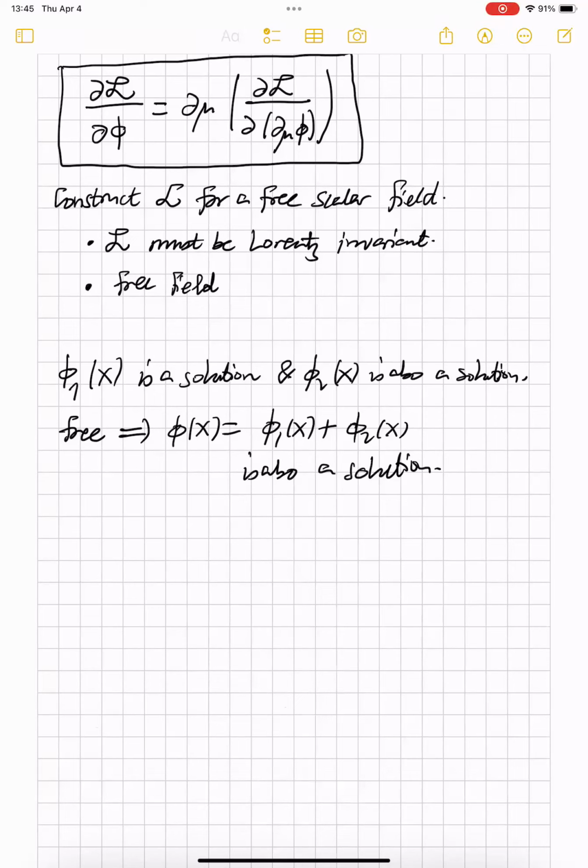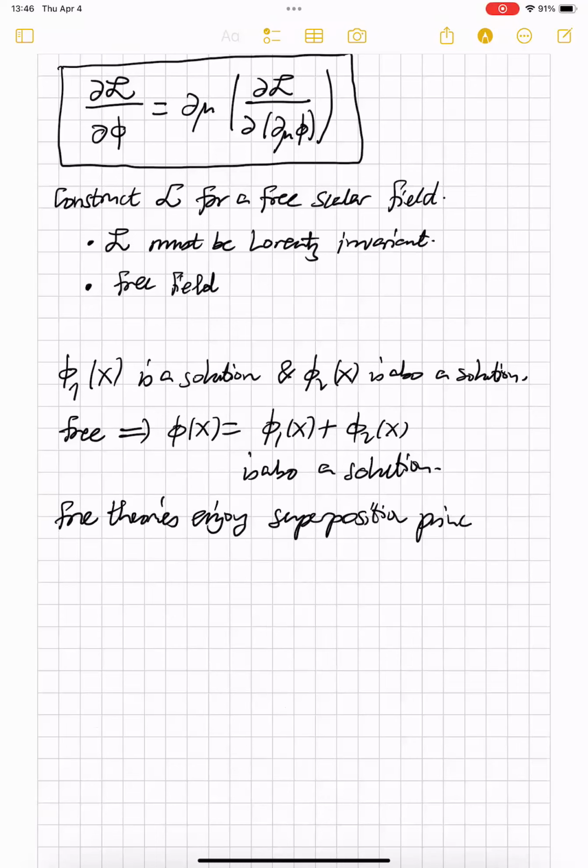So they should not disturb each other, which means that they both happily continue to be solutions and, no problem, the sum of them is still a solution. So how can we say this? We can say free theories enjoy the superposition principle.